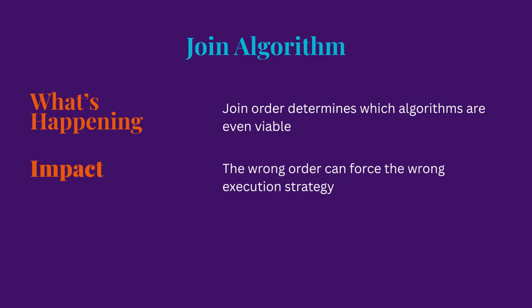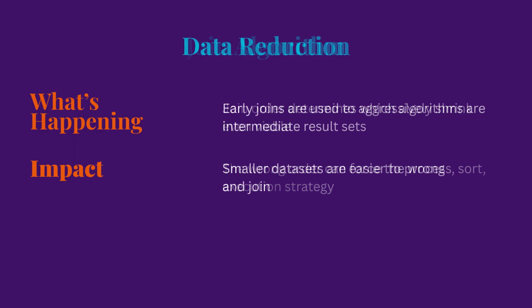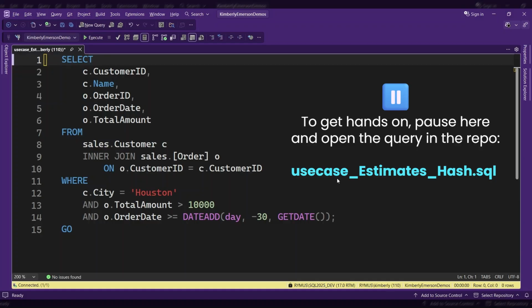The right order, you unlock the cheapest path possible. The real goal is not joining tables. It's shrinking data early, aggressively, repeatedly. The best plans avoid processing data at all. Join order is the control system behind your entire execution plan.